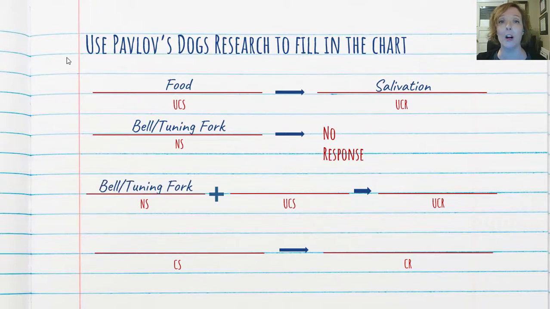However, when Pavlov started to ring the bell or the tuning fork and paired that with the food, the dogs began to salivate with the paired stimuli. What then happened is association. So the tuning fork would elicit salivation. The conditioned stimulus, because now the dogs have learned, has led to a conditioned or learned response of salivation.